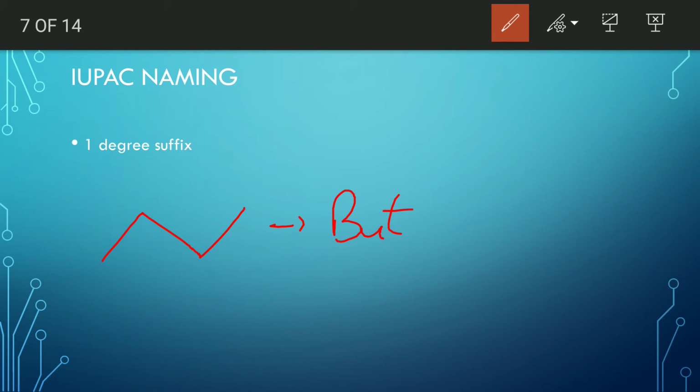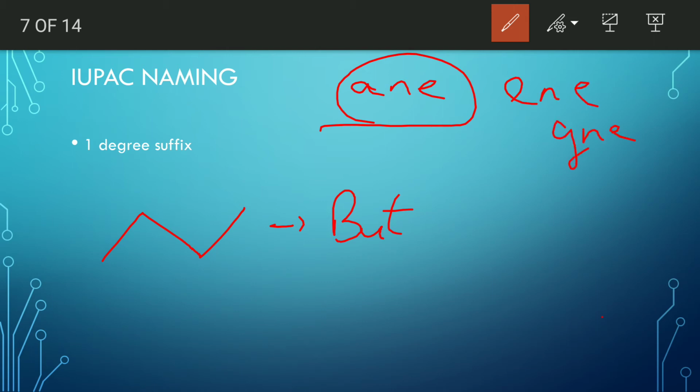In your 9th and 10th classes, you may have learned that for an alkane, we use the suffix "ane." Right? For alkane, we'll use the suffix "ane", and alkene, we'll use "ene", and alkyne, we'll use "yne". In your previous classes, you may have read, and I have discussed now also.